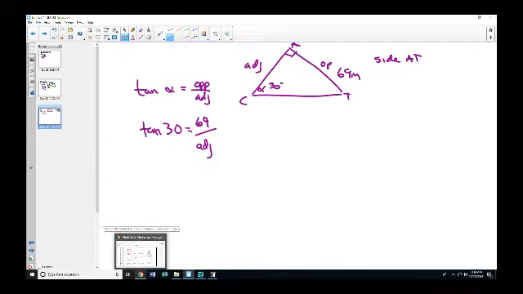Sure about that? Nope. You solve that problem. Tan 30 is what? 0.577?